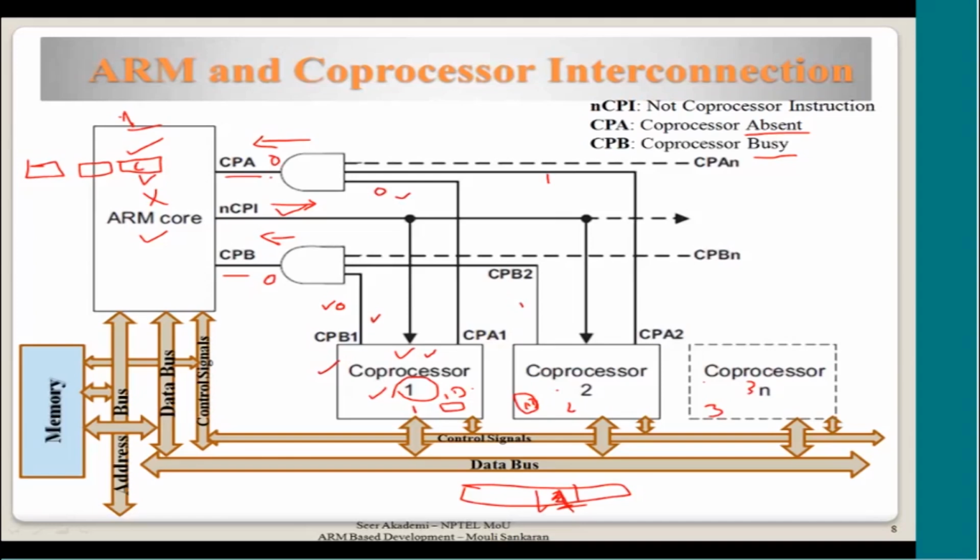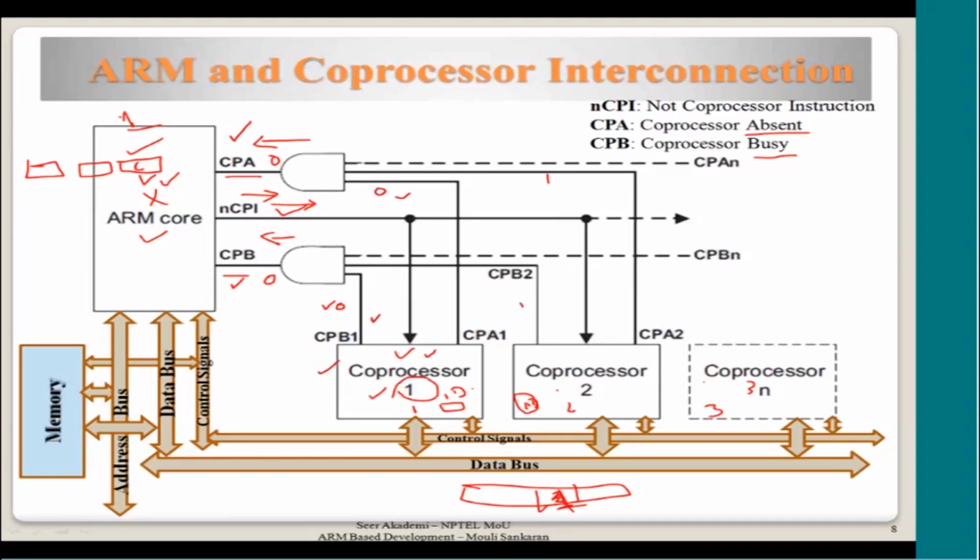That means it will write 0 there. Then the ARM core knows that it encountered a coprocessor instruction in the execute stage, asked if any of them are willing to take it, and is getting a signal back from one of the coprocessors that it is ready to execute it.